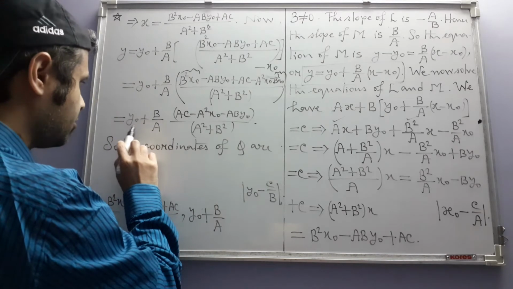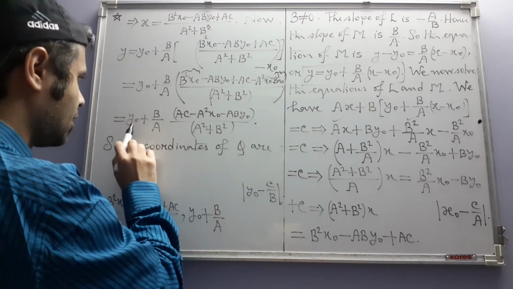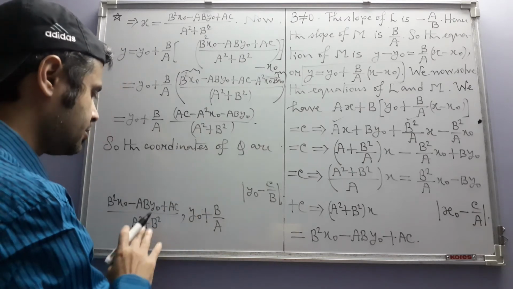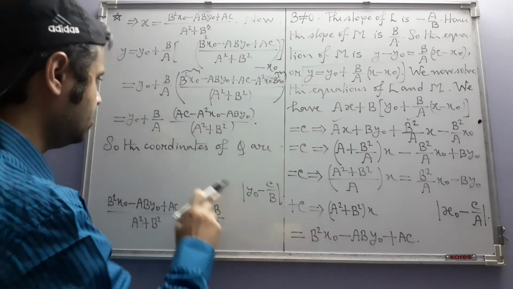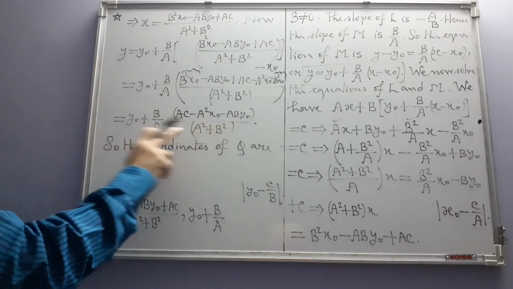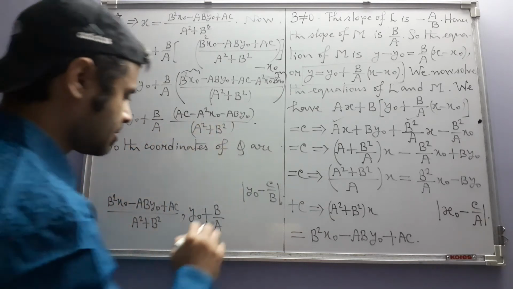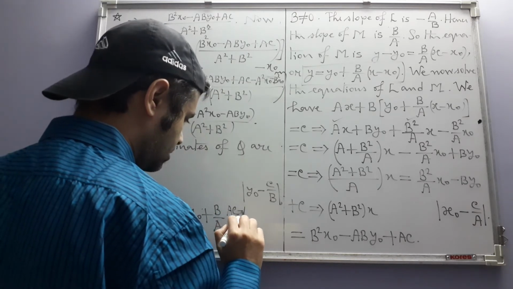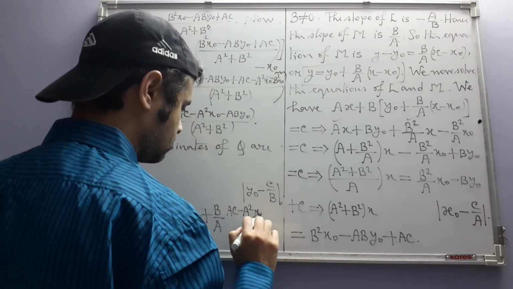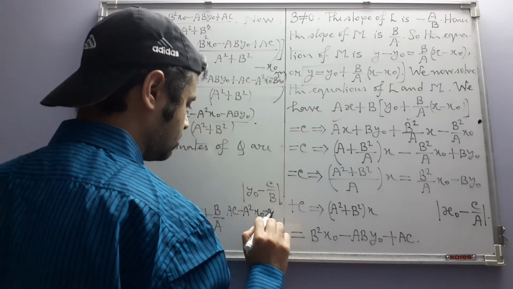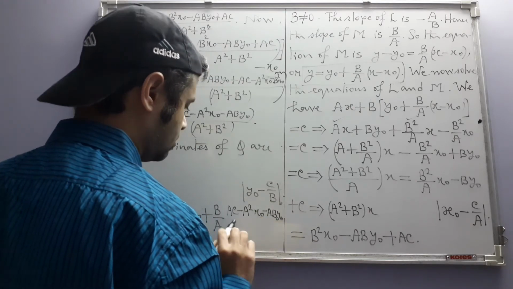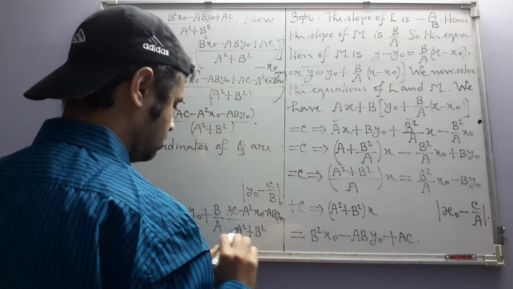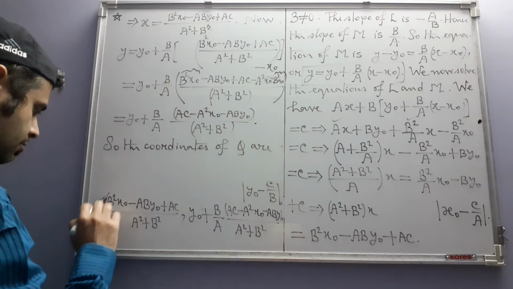And I have decided not to mix this y naught up with the other things, because when we calculate the distance between this point Q and P, there we have to subtract y naught from this, so those two things will cancel out. a c minus a square x naught minus a b y naught divided by this.